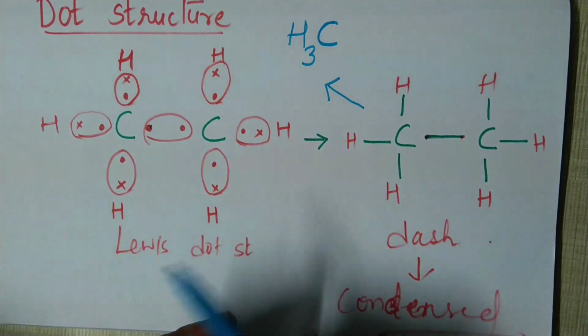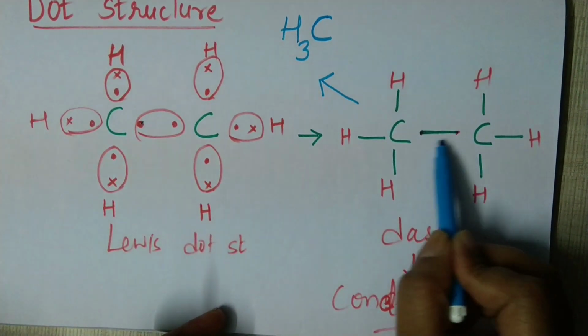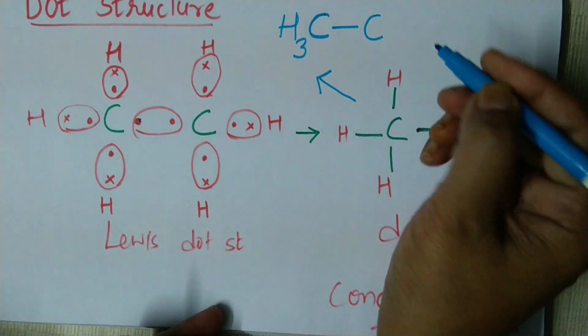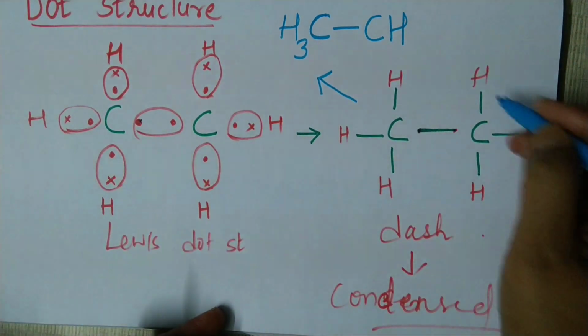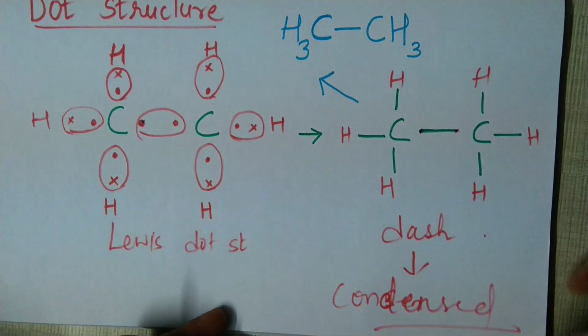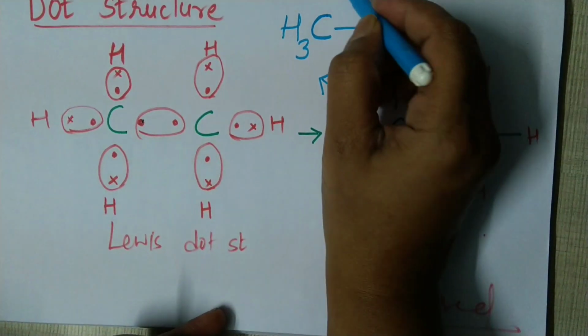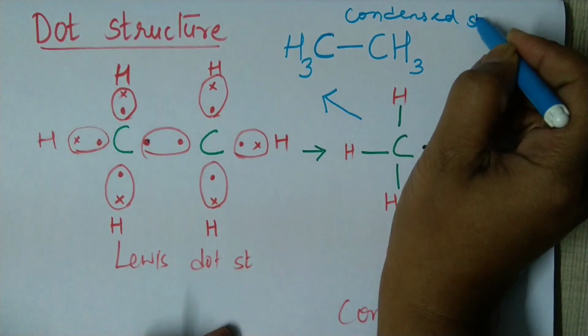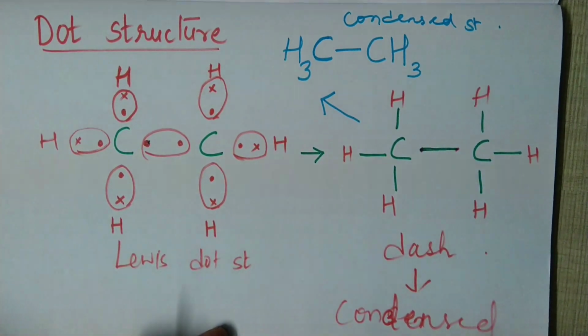So, I need not write this bond, or if you want, you can write it. So, CH3. How many hydrogen? 3 hydrogen. So, which structure is this? Condensed structure. Hope you have understood.